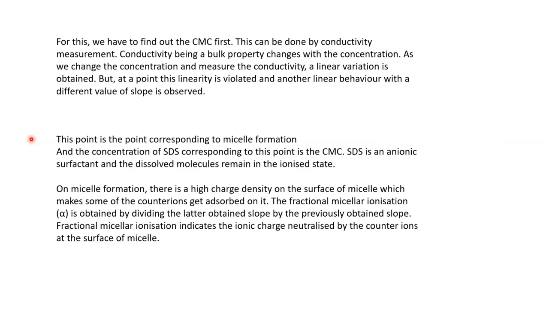If we plot a graph between the bulk property and the concentration of surfactant, then we will see that two lines intersect each other at one point, and that point is known as the micelle formation point, and the surfactant concentration corresponding to it is known as the critical micelle concentration.